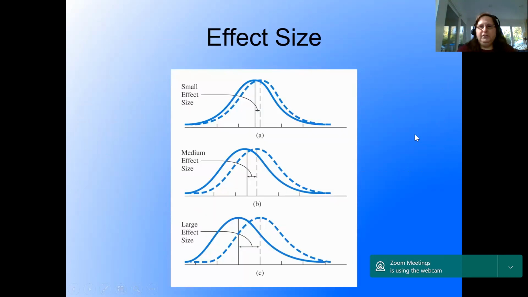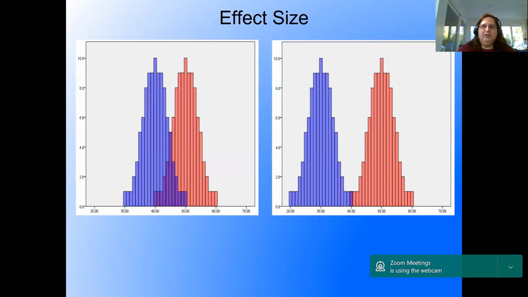Here's effect size. Small effect size, amount of non-overlap is pretty small. Medium effect size for medium non-overlap, and a large effect size for a large non-overlap. So this is really demonstrating making the mean differences larger. Now, if you'd like to see another picture of this, I have this to show you. Once again, look here.